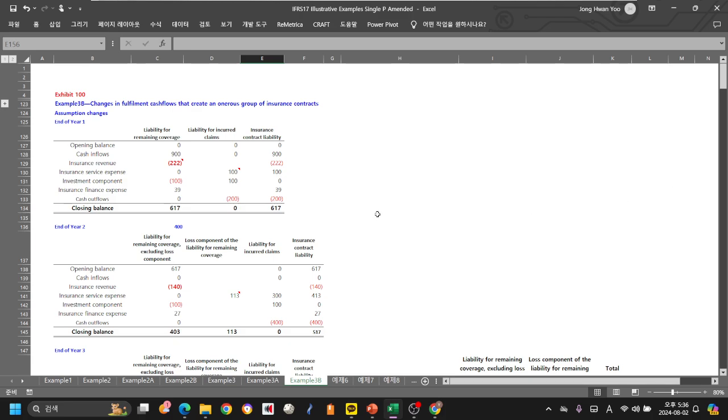So this is the example of the measurement on a high level in the IFRS 17 standards, and I just gave a little bit of detail. But exhibits 100 and 101 are required to be disclosed. When you go into the disclosure section, that has a lot of lists, right?